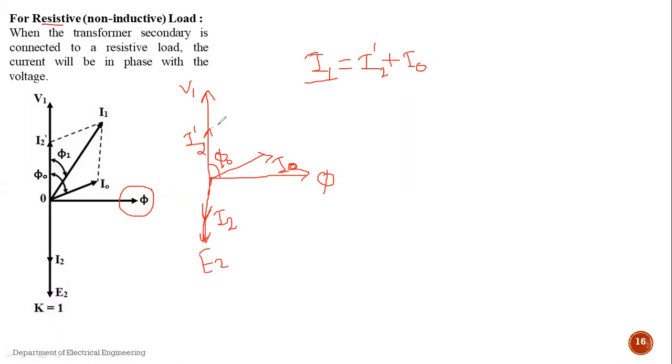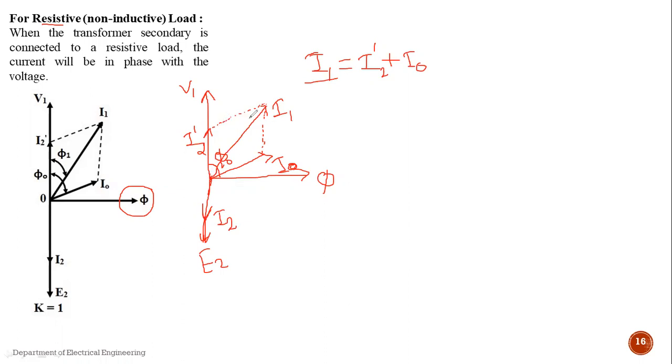So I am drawing the parallelogram here. जर parallelogram draw केला, that is the vector sum, we can find out the resultant vector here. This resultant value is nothing but the primary current taken from the supply when the transformer is at load condition and the load is connected, that is resistive load.